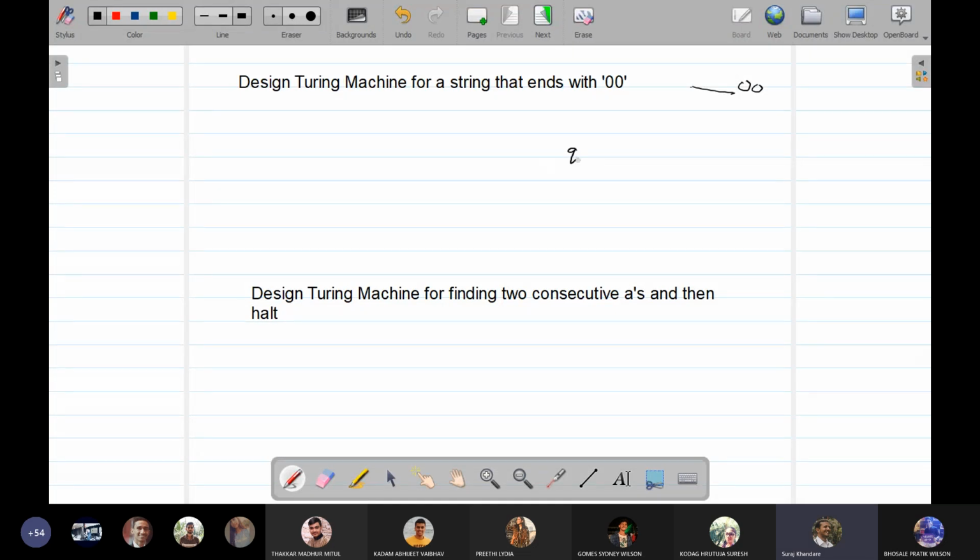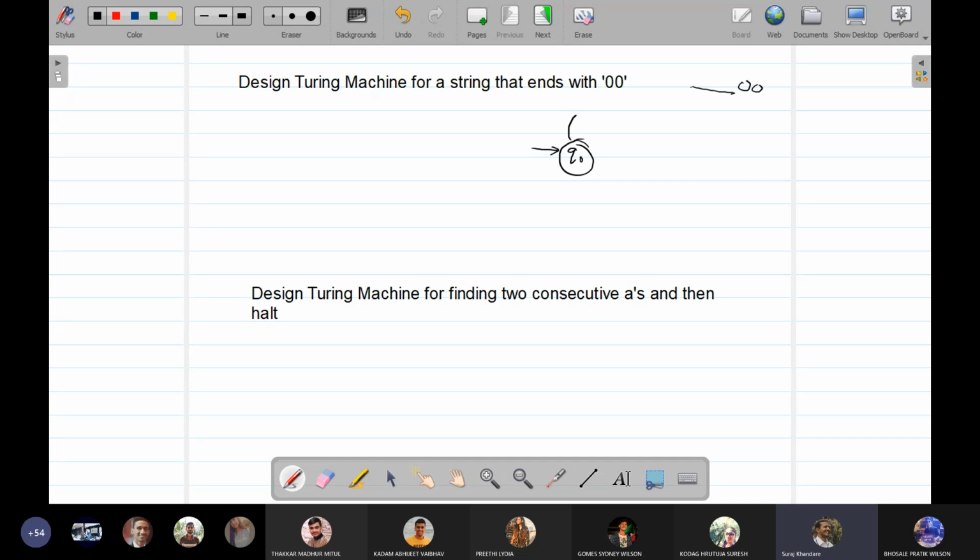So Q0 is our first state. From here we are starting. It can have ones also in the beginning, or it can directly start from 0. So if ones are coming, we are not bothered.